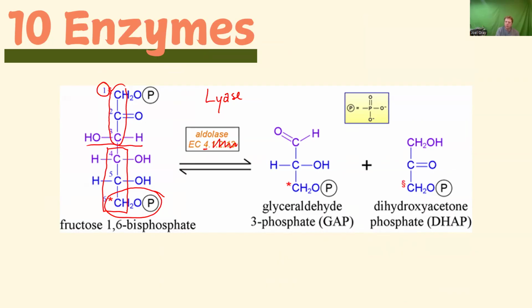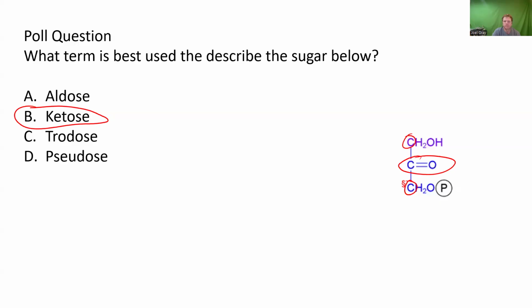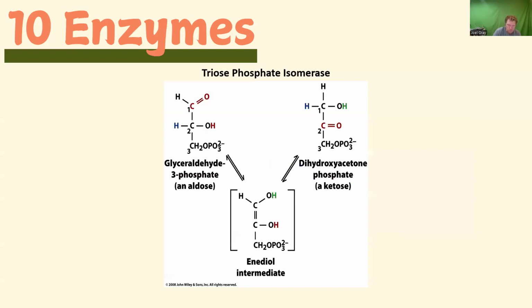But what we need to do is convert dihydroxyacetone phosphate into glyceraldehyde 3-phosphate. So when we use this lyase to split, then we're going to take one of them and convert it to the other so that we are going forward with two copies of glyceraldehyde 3-phosphate. So that's what this is showing.